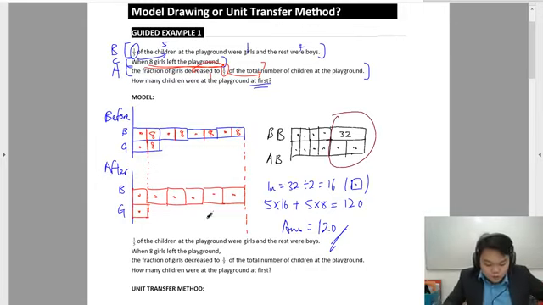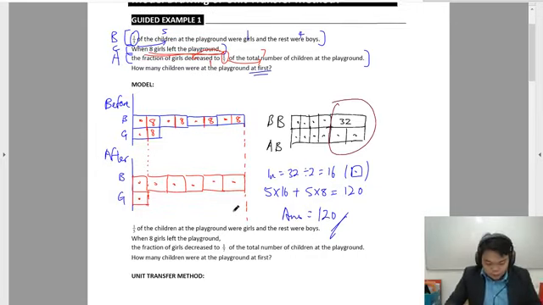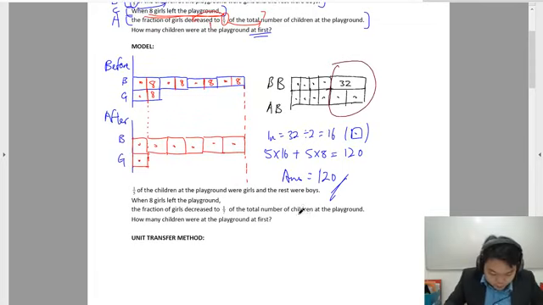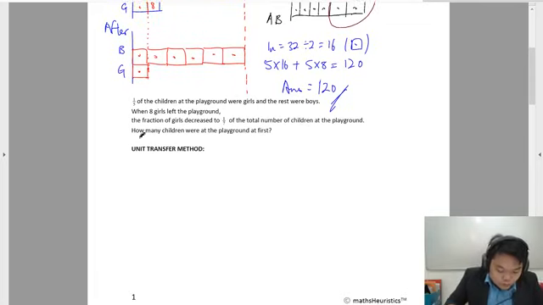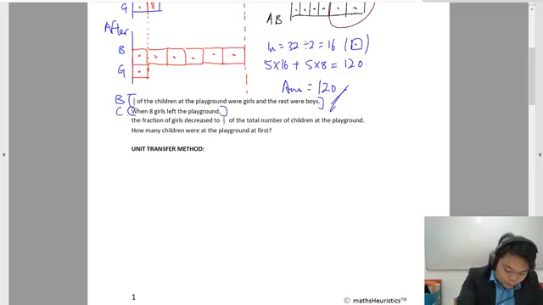Okay, so now I will go through this in the unit transfer method way of doing. Similarly, the question is the same. So let's just input in the situation first.